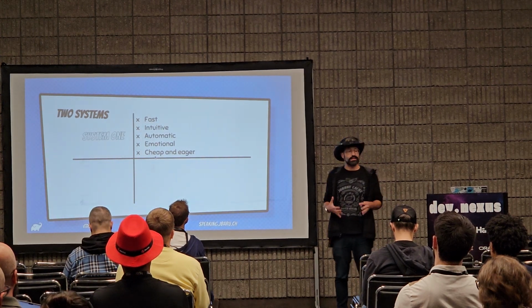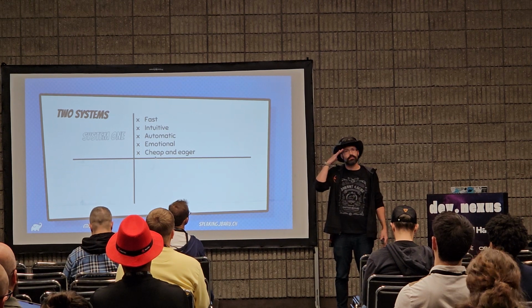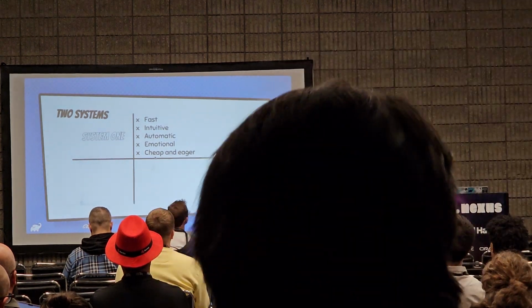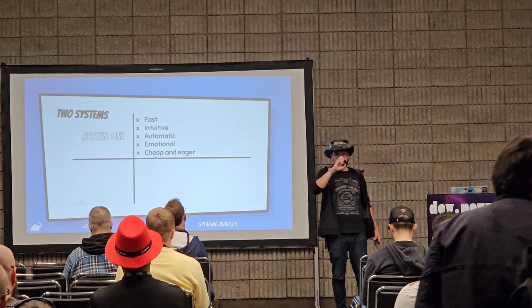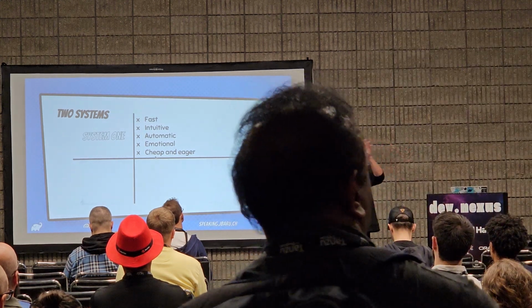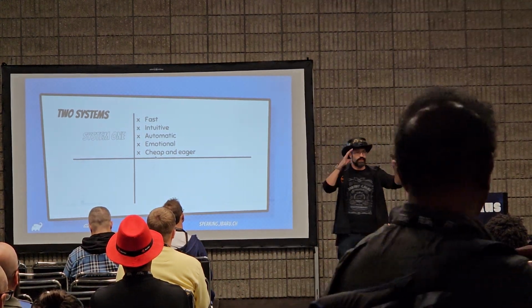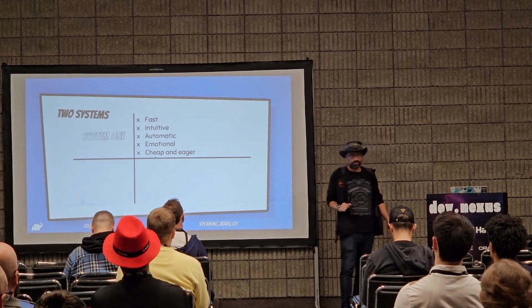This is exactly what happened: $1 pops up in mind. This is our system 1. It's intuitive: we have $1.10, minus $1. Very intuitive, very cheap, and eager to give us the answer.